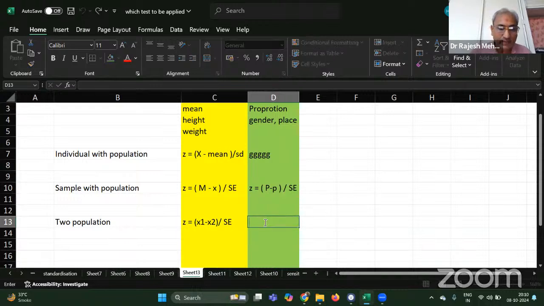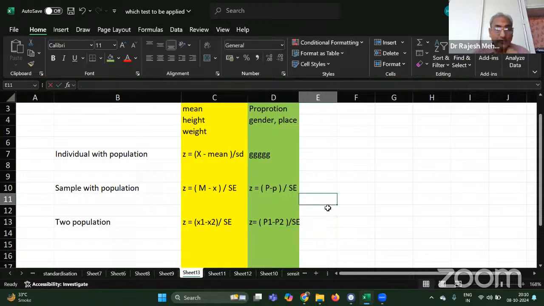In this case, you need to find out Z equal to P1 minus P2 divided by the standard error of the difference between two proportions. These are the 5 types of Z which we are going to utilize today, and we'll try to understand this.